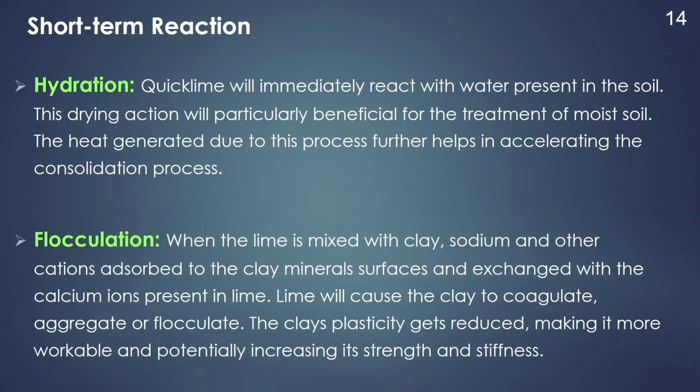In the hydration process, when we add lime to the soil, the lime will react with the water present in the soil. We know that the soil has water in it in the form of either diffuse double layer water or free water. So, when we add the quick lime to the soil, the quick lime will react with the water present in the soil, and that will produce calcium hydroxide and it will emit some heat.